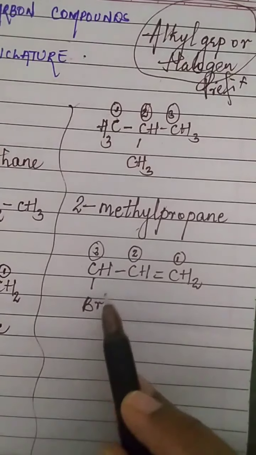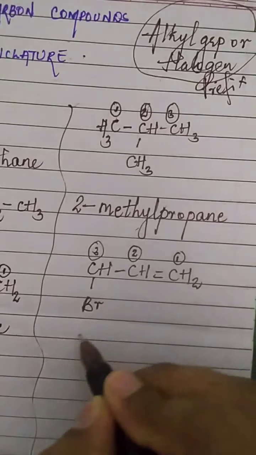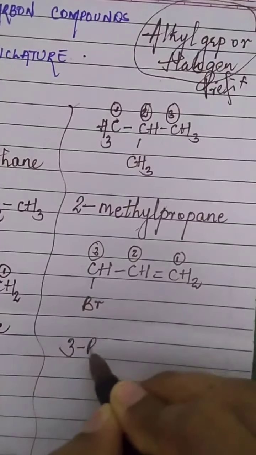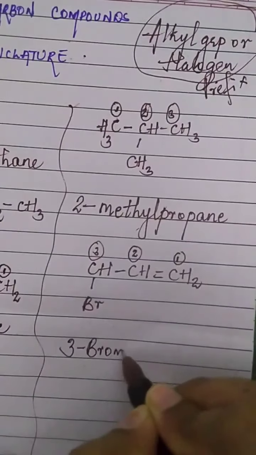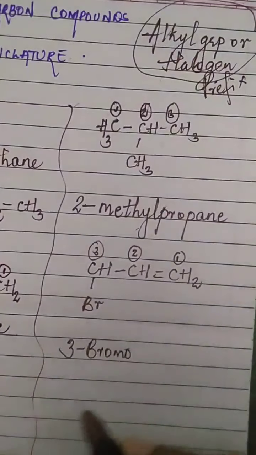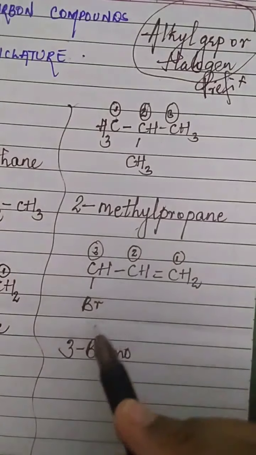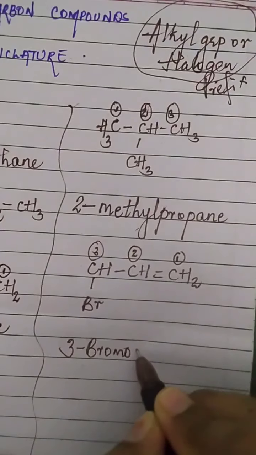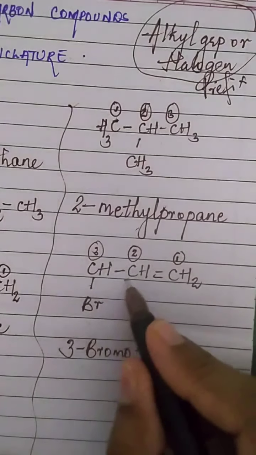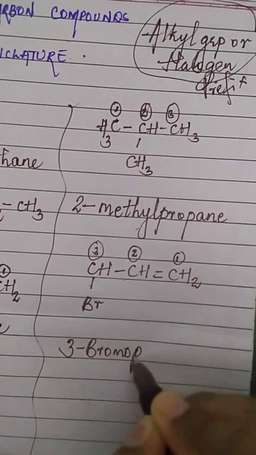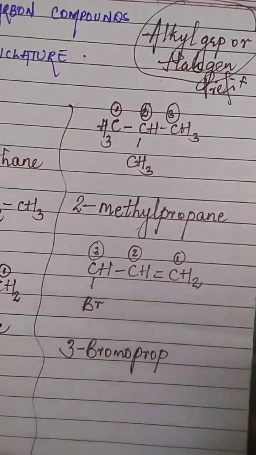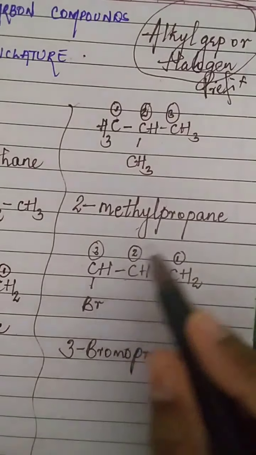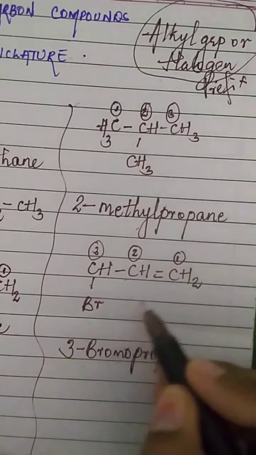Okay, so you will write the name as 3-bromo. Always halogen will be written as prefix. It will come first. Third carbon has bromo. So 3-bromo. What is the name of the parent? Methane, ethane, propane. 3-bromo prop. Now, to which carbon is the double bond?